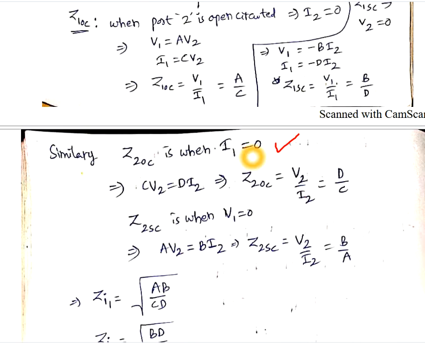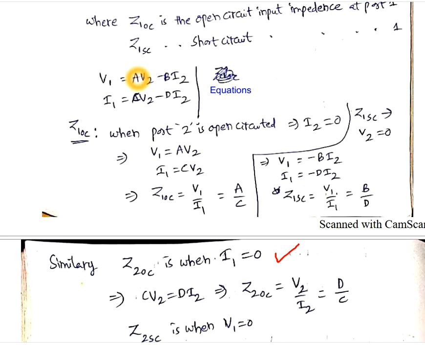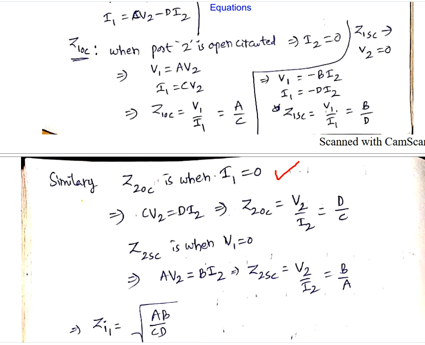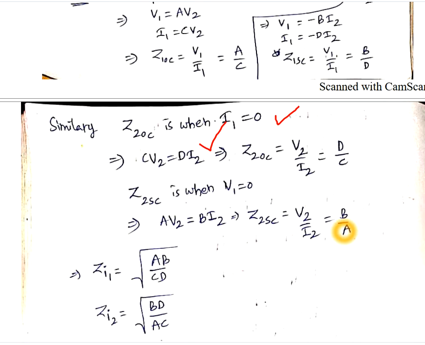So when I1 is equal to 0, from the two port T parameter equations or ABCD parameter equations, you will get this equation. So from this, Z2OC is nothing but V2 by I2, which is D by C. Fine. Similarly, you can get Z2SC by making V1 equals 0. Then you will get this equation, which is saying that Z2SC is equal to B by A.